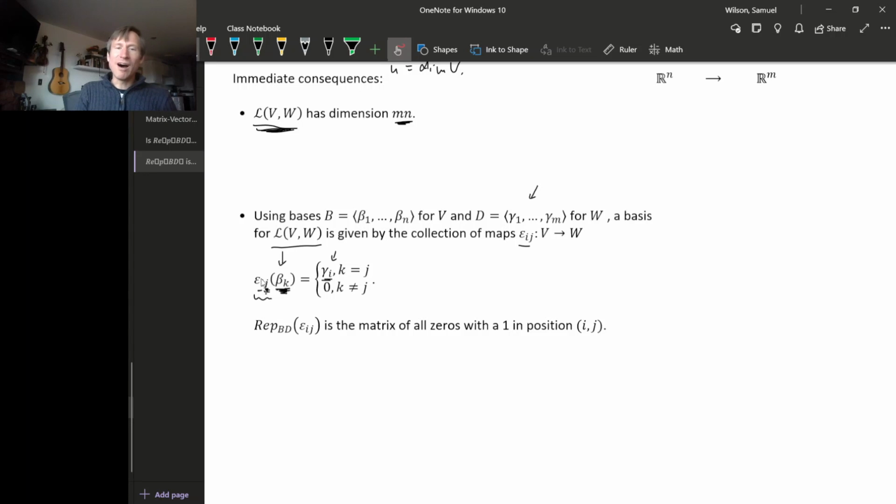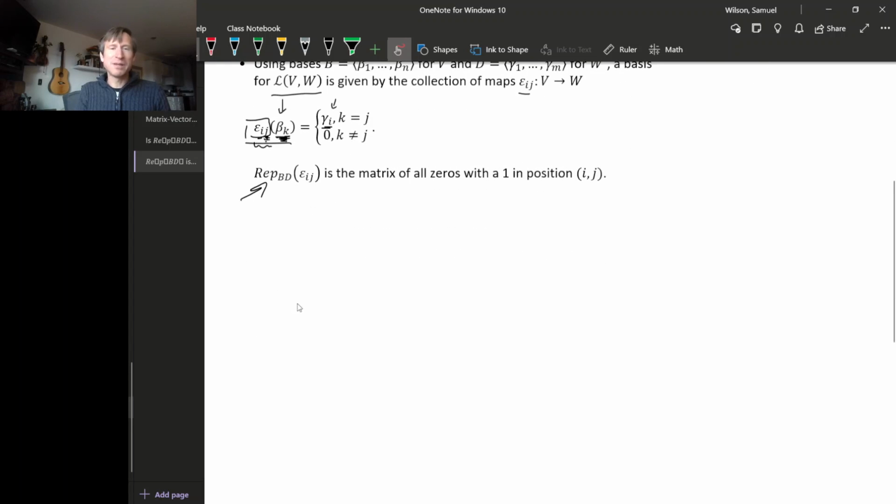Okay, so why is it that this basis of linear maps corresponds to the basis of the matrix space that I was describing? Well, let's just find the representation matrix for this linear map. How do you find a representation matrix? Remember, you start in V. So here we have epsilon ij up here.